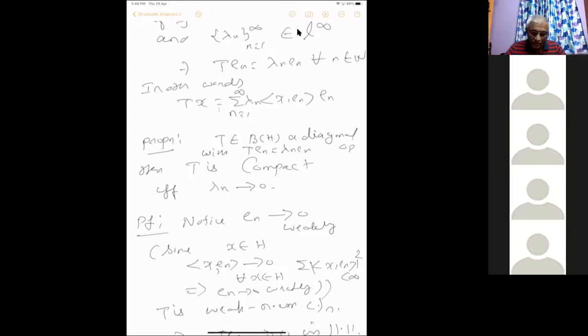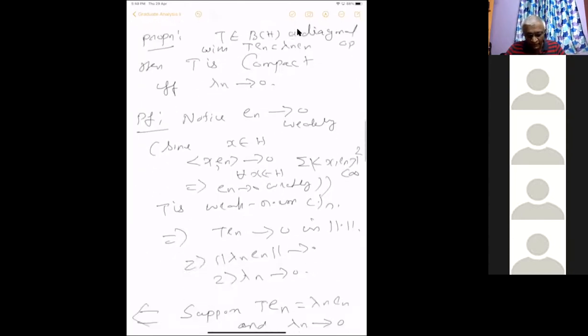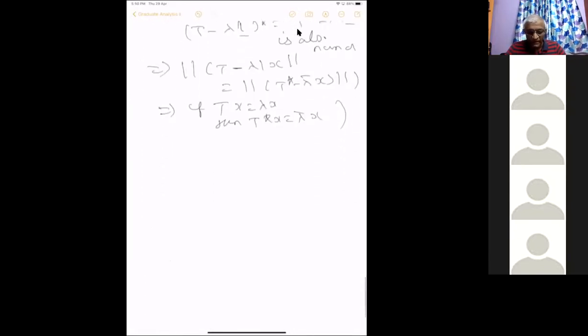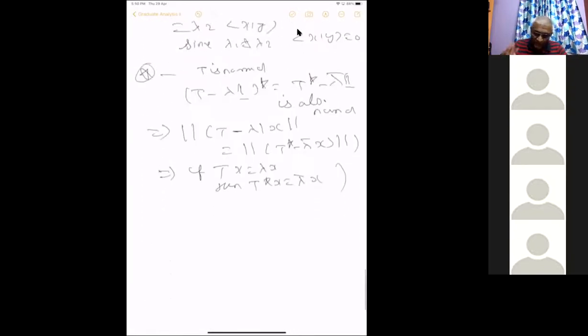If something is not invertible, it doesn't mean it has some kernel. That's not true. It may not be onto. So we want to prove that there exists one eigenvector, and using that, we want to prove this. Anyway, we will do this again later.